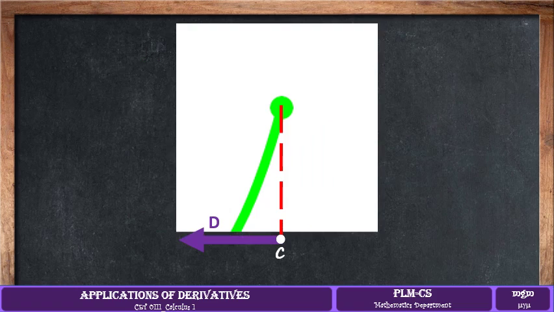Observe that if we are to construct an open interval around C and check the condition in our definition, that is, C is an element of I which is a subset of D, notice that it is obvious that on the open interval we just constructed, not all values are inside the domain D. Or we can say that I is not a subset of D.